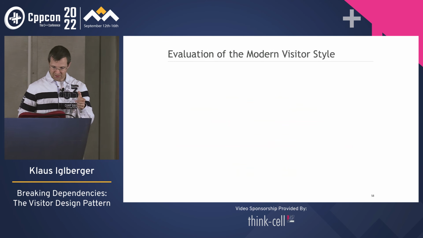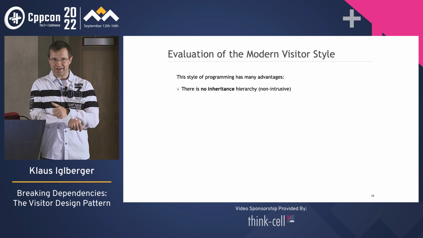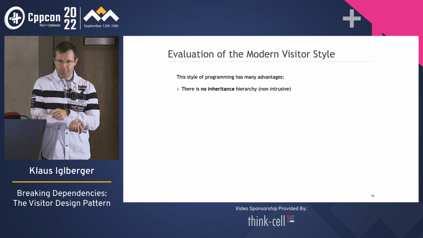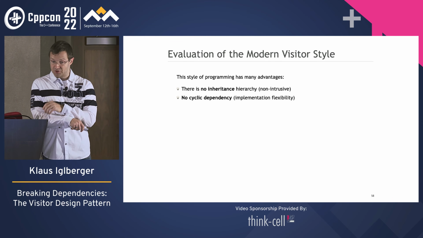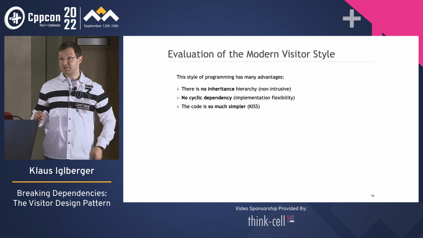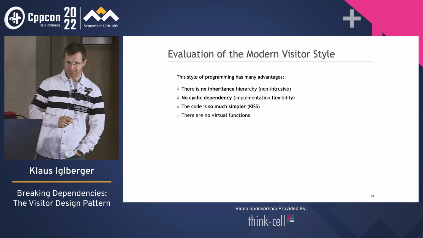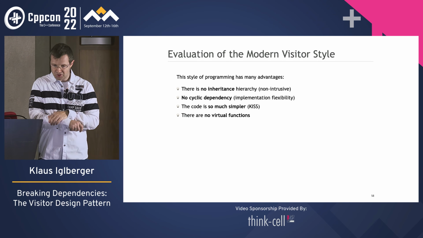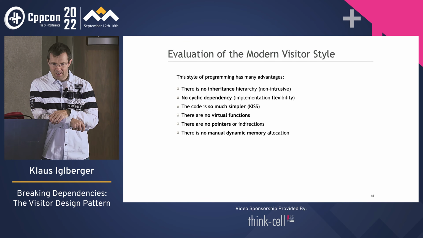So to summarize, there's many advantages. There is no inheritance hierarchy left. It's totally non-intrusive. There's also no cyclic dependency anymore, which is great. This gives you a lot of implementation flexibility, and anybody can do something. The code therefore becomes so much simpler. I believe this is a great example for the KISS principle. And there's no virtual functions. There are no pointers or any other indirections. There's no manual dynamic memory allocations.